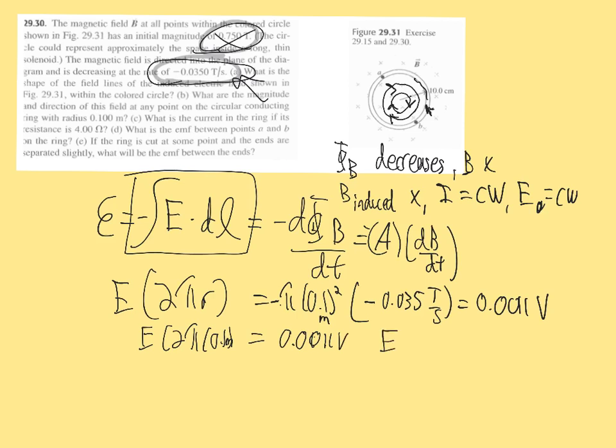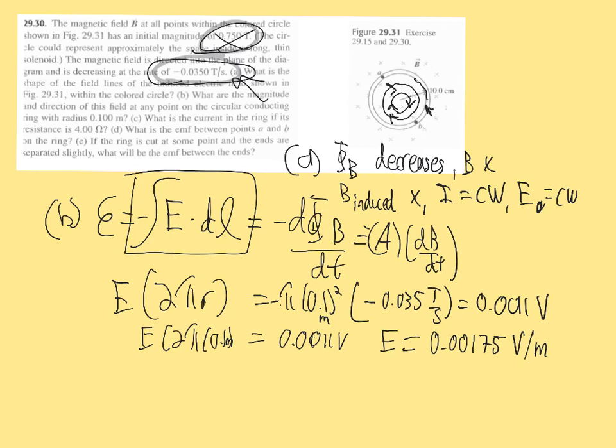That means E is going to be 0.0011 divided by all that stuff. I got an answer of 0.00175 volts per meter, which is the same thing as newtons per coulomb. That's A. This is B.